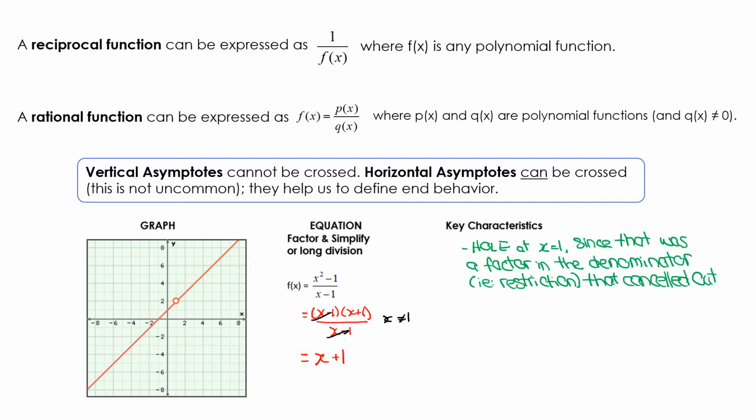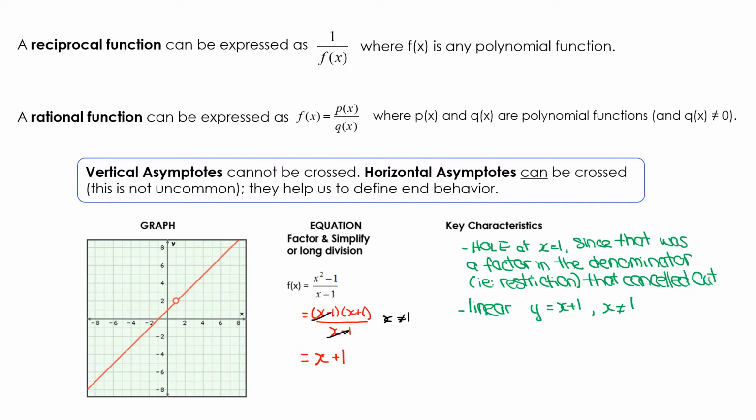That's how you get a hole in a graph when your restriction factor in the denominator cancels out. Another characteristic when we look at the graph is that it looks linear. And that's because our equation simplified to y equals x plus 1, but we still had the restriction that x could not equal 1.